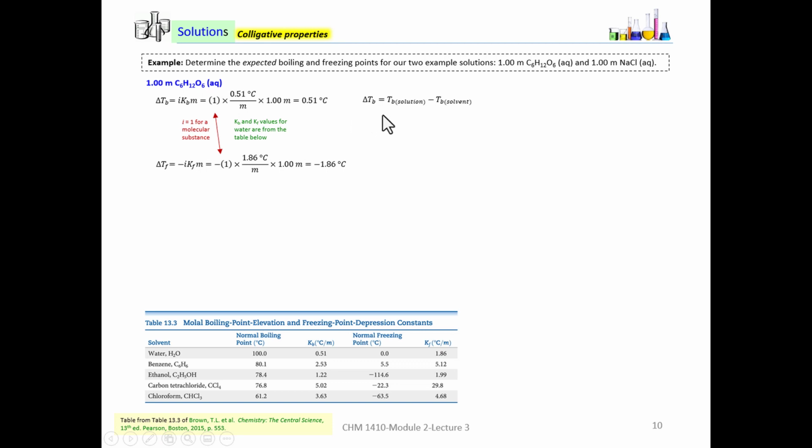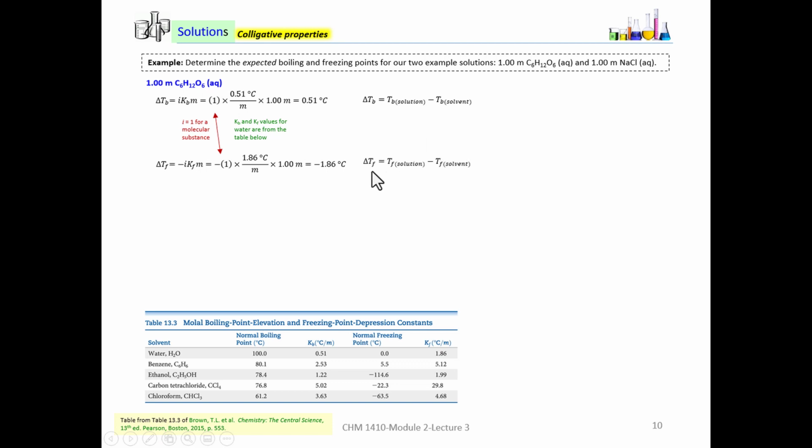If I wanted to calculate the boiling point of the solution from the boiling point elevation, I could also realize that the boiling point elevation would be the boiling point of the solution minus the boiling point of the pure solvent.